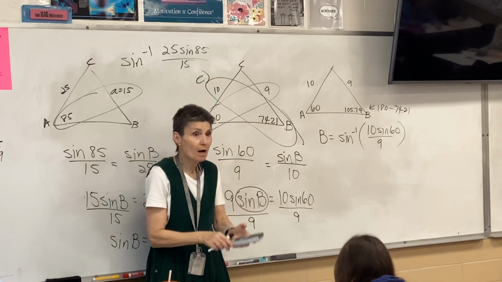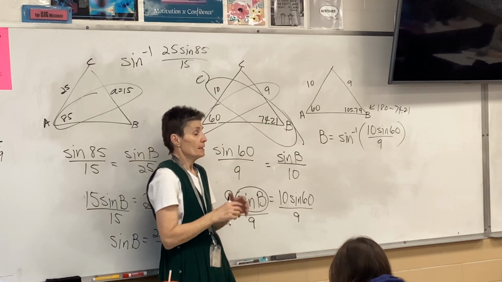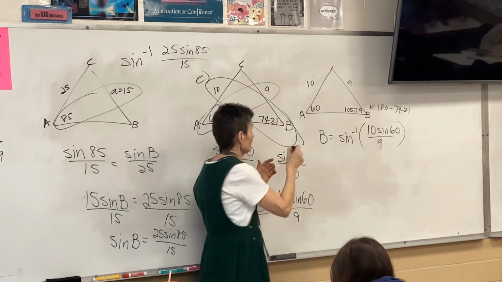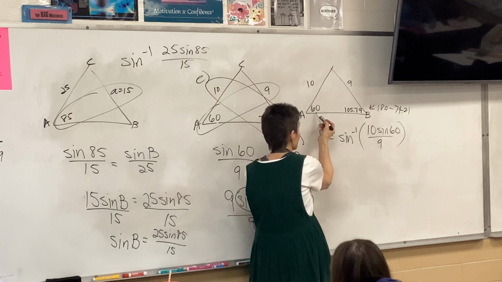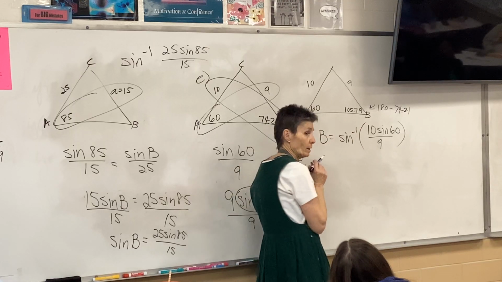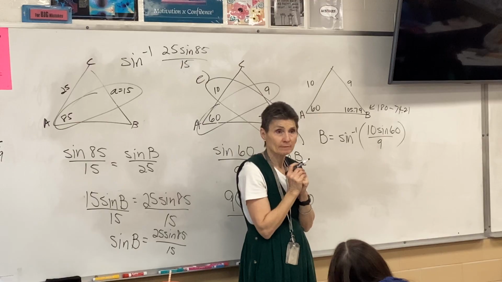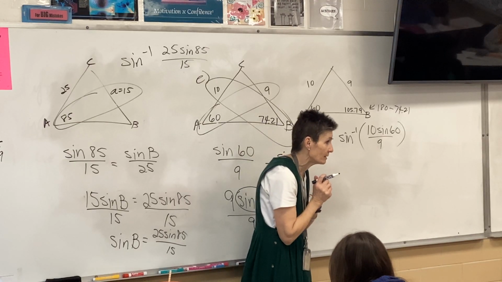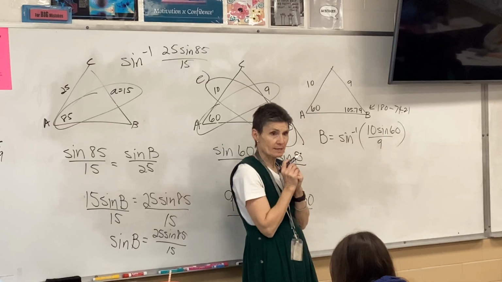How do we know if that is an acceptable number or not? Look at the triangle. What is 60 and 105? 165. Is that good? Yeah, the only thing that's bad is if it makes more than 180. That doesn't.